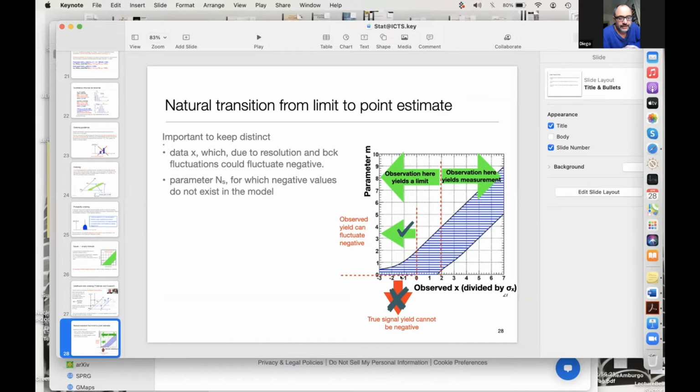And if you do not allow them, if you somehow clip your likelihood to avoid them, you're actually biasing your measurement. So it's perfectly logical to have a negative central value for something that's defined positive, provided that the uncertainties are compatible then with 0.